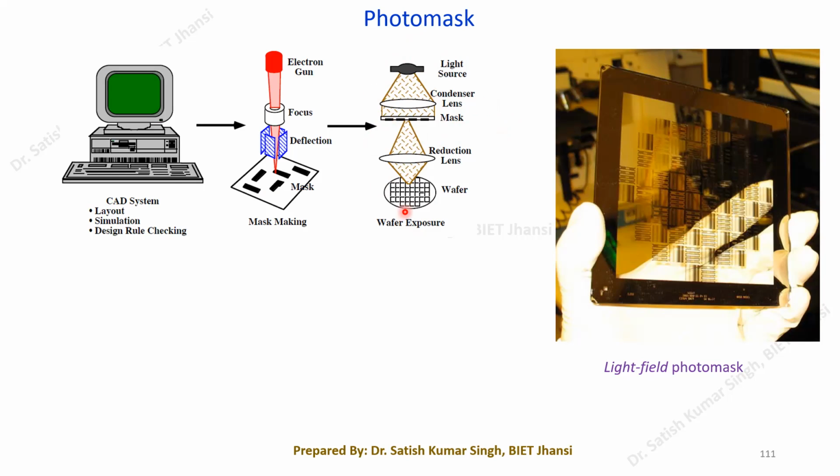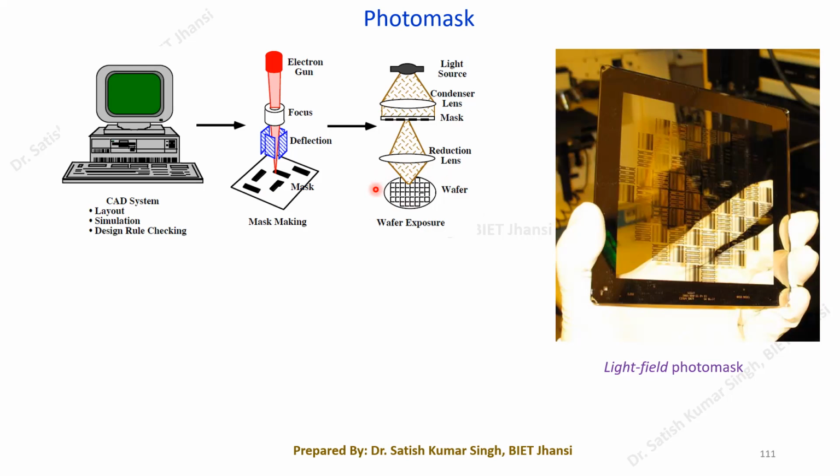That wafer is carrying the photoresist, which gets hardened or softened based on the type of photoresist applied onto the wafer surface. Then we use a developer solution, which selectively removes the photoresist, and then we can further remove the underneath layers of SiO2.